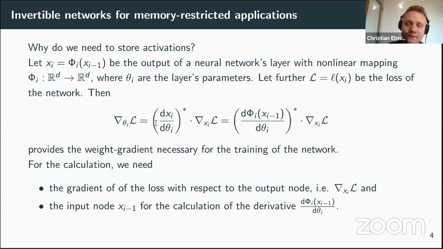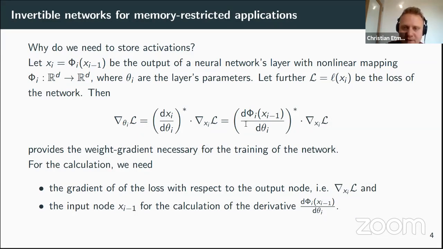And what we need then for first order optimization are the gradients of the loss with respect to the weights of this layer. And simply by employing the chain rule, we get that this derivative and its adjoint times the gradient of the loss with respect to the outgoing layer's activation can be used to calculate this required gradient.